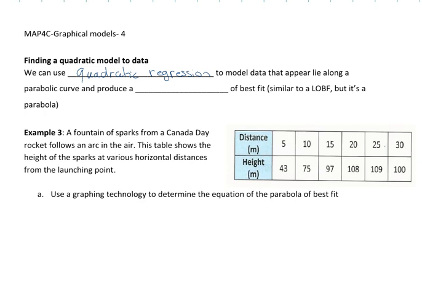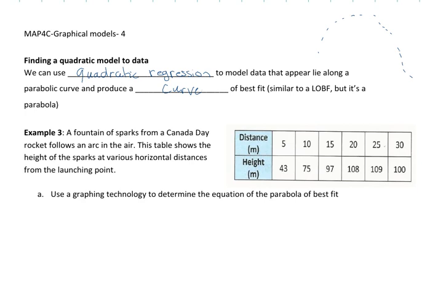So you're going to have to look at your data. And if your data look like they are following a quadratic or parabolic trend, then you want to use a quadratic regression. If your data look like they're following a linear trend, you're going to use the linear regression model. So it all depends on how your data looks.